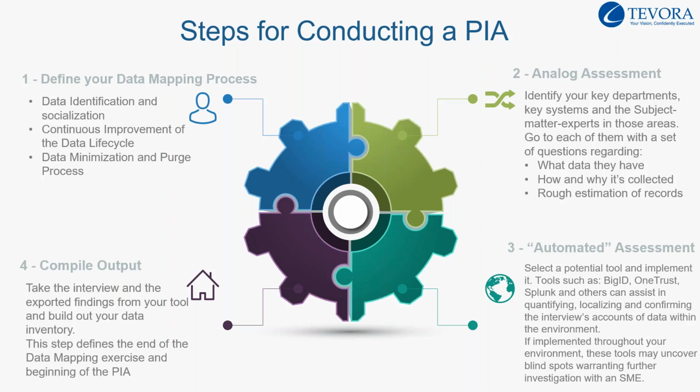That's enabling you to find people in your organization, key stakeholders, subject matter experts who understand what data is being collected, how and why, rough estimations. It also enables you to identify your privacy champions and your security champions in your organization. And again, that's engendering that development of an inherent privacy by design viewpoint within your organization.